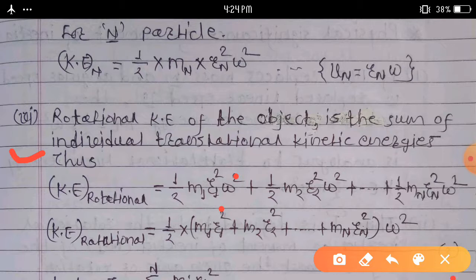Here we calculate rotational kinetic energy. 1/2 is a common term outside the brackets, and the remaining is m1 r1 squared plus m2 r2 squared plus up to plus m_n r_n squared, bracket complete, into omega squared. Omega is constant here.